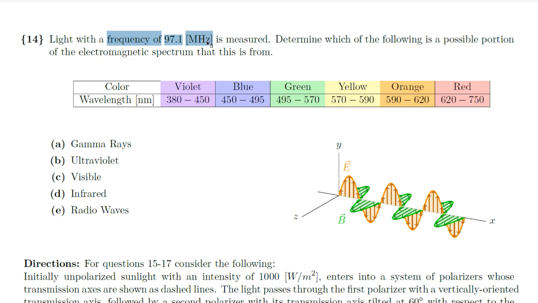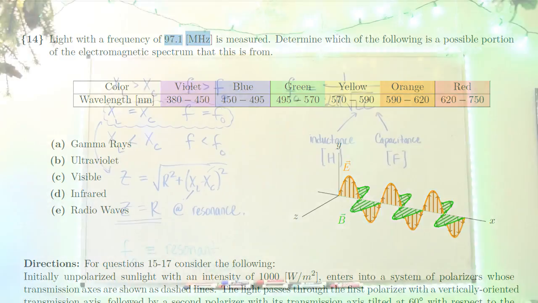Even though I never asked you to find the wavelength, that's the only information you have from this problem. Unless you've memorized all the ranges, which would be a little impressive, that's the only way you can figure this out, but watch how we can figure this out with just this information alone. What we're going to do is calculate the wavelength from this frequency first.